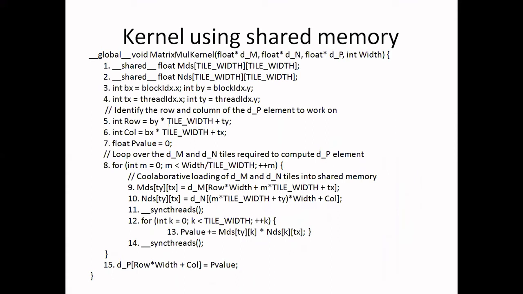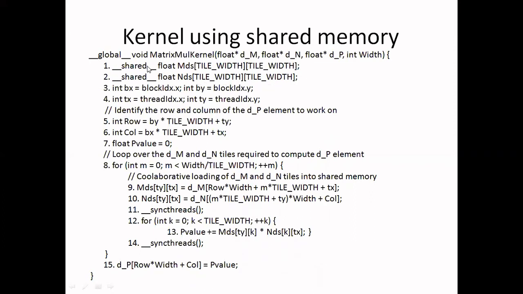So you can see this can be a kernel, I should say, using shared memory. You know that you are defining this kernel as global. What will happen is that for each thread you will get this much part of code to execute. So for each thread you are defining this shared memory.